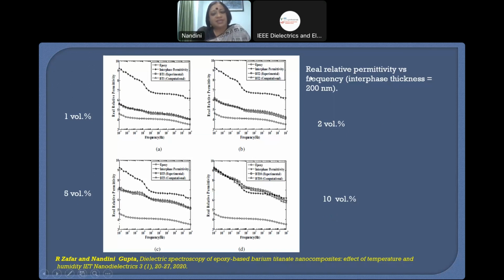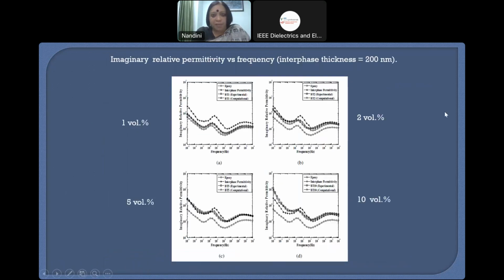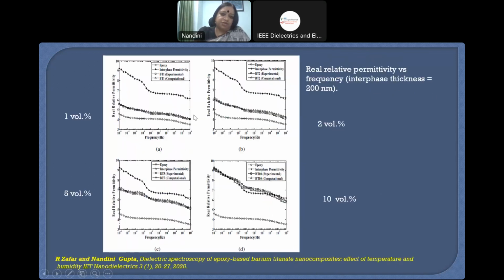But the thing is that we are still landing up with an interface thickness of 200 nanometers, which is much larger than expected. So this is the imaginary relative permittivity with frequency. So we are matching with imaginary permittivity, we are matching with real permittivity.